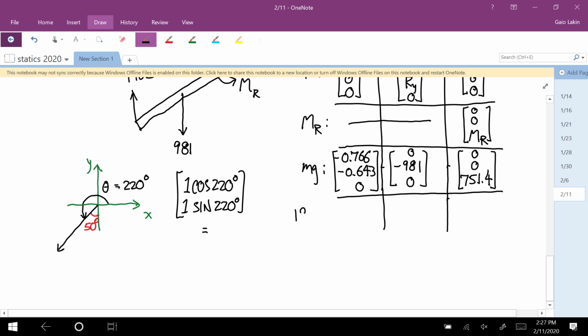Let's see. And then we have the 1962. So that's going to be 2 times cosine and sine of 220, or twice this. So that is negative 1.532, and negative 1.286.